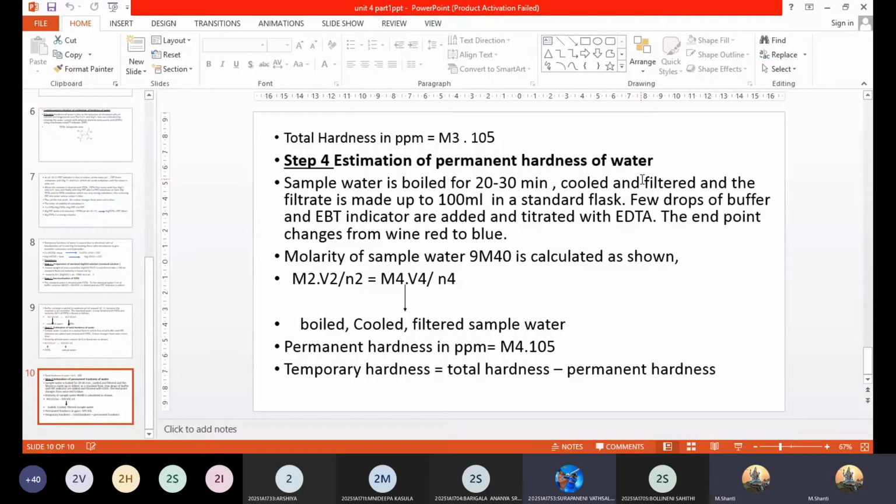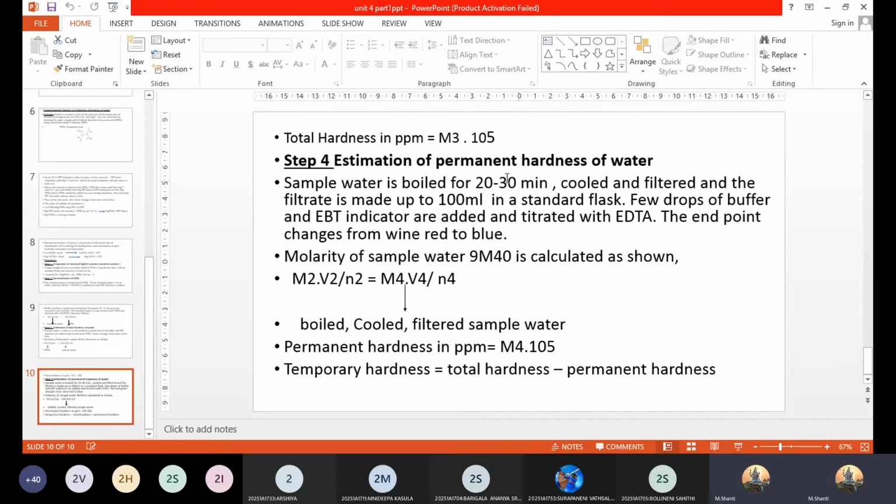Very good. So when you boil, as I told you, temporary hardness causing salts will be precipitated. If you don't filter them, the water will still contain those impurities. So to make sure those salts are eliminated, you have to filter the solution, and the filtrate you have obtained must be taken in a standard flask of 100 ml capacity.